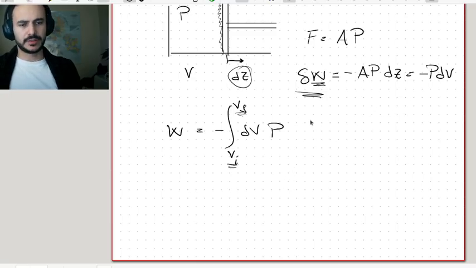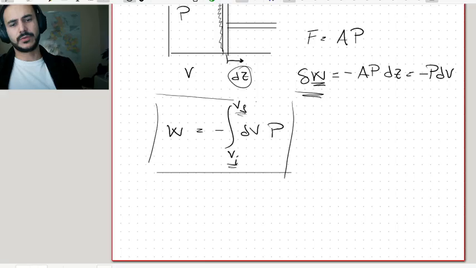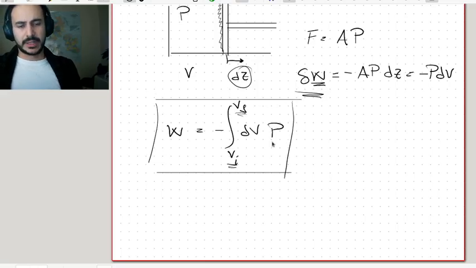So this formula is a formula to calculate work in a quasi-static expansive process. Let me just write it down. But it's actually not just quasi-static, but indeed reversible.